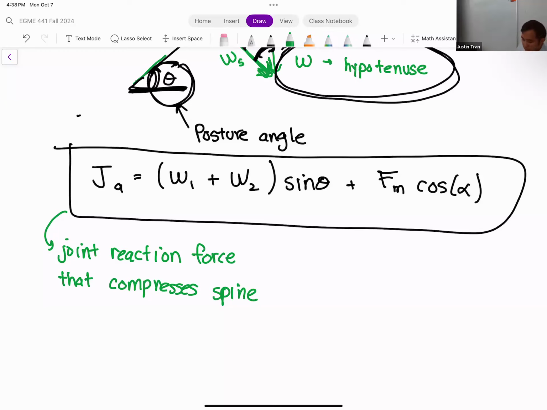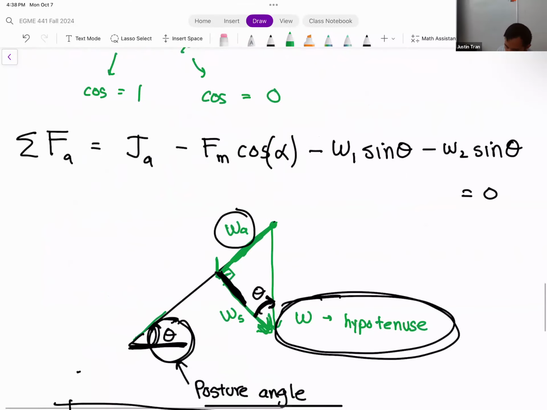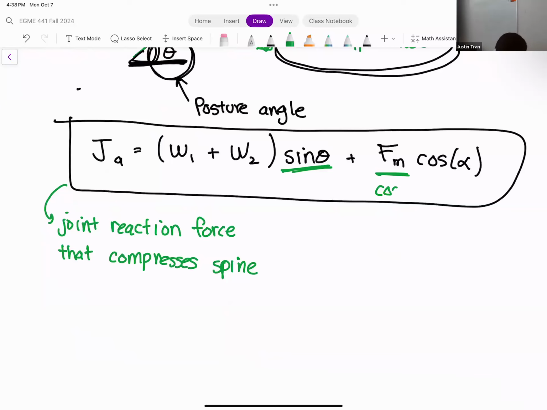We have a sine theta here, so that's one place that depends on theta. We have another theta dependence because we have FM here, and we know that FM depends on theta by cosine. I'm not going to write the whole FM expression, since FM is actually quite large, but we know the theta dependence is cosine theta.